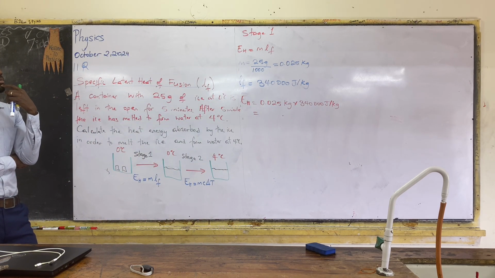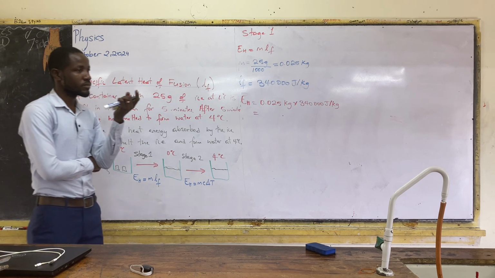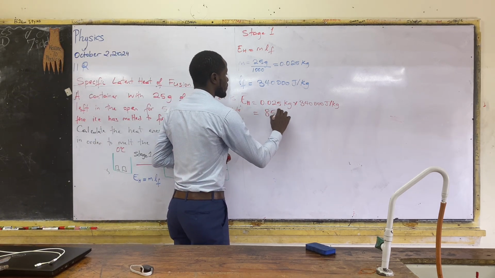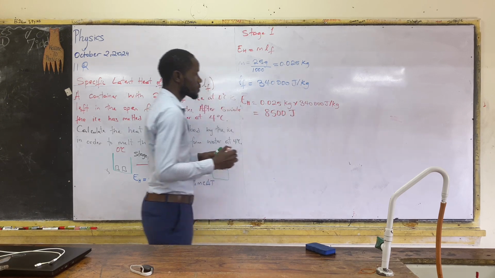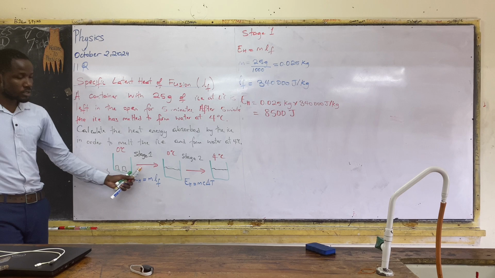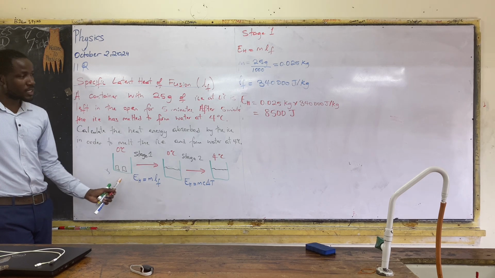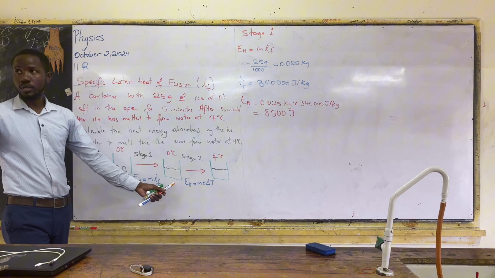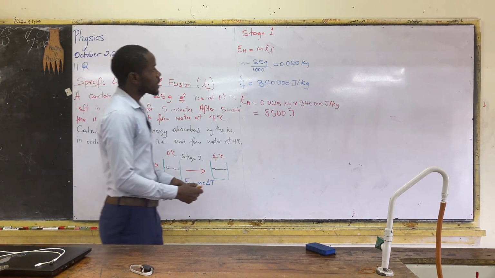That gives 8,500 joules. So we have 8,500 joules of energy for stage 1. The substance has to absorb 8,500 joules of energy to go from here to here. Then now we can do stage 2.